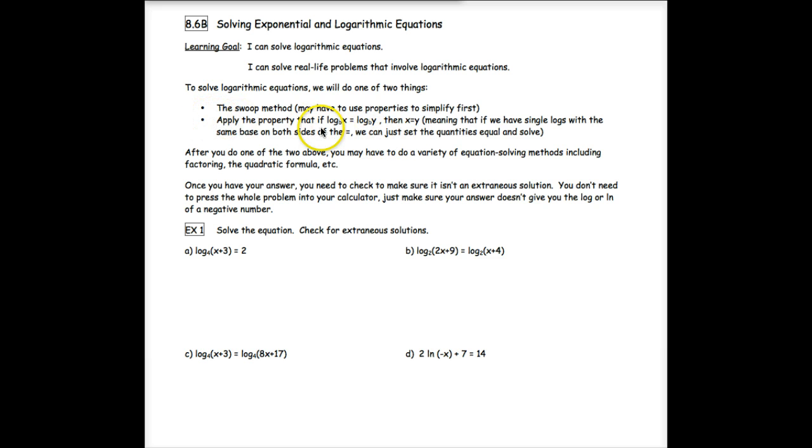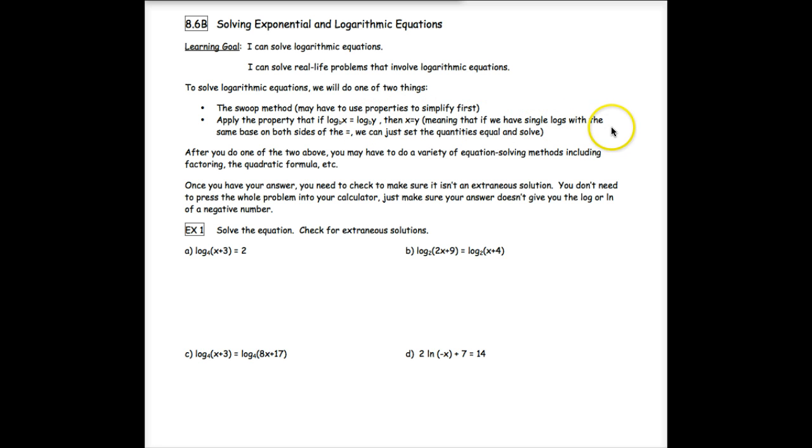This is going to seem new, and when I describe it, it's going to seem complicated just because it's got the base b, x, and y, but there's a property that if log base b of x equals log base b of y, meaning that if it's a logarithm with the same base of two different things, we can just drop the logs and set the quantities equal.